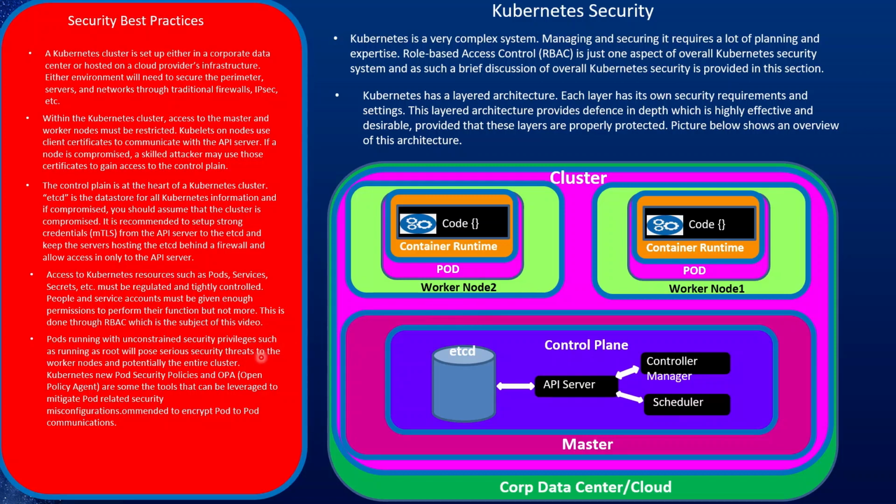There are some techniques that can be used, which are beyond the scope of this video, such as leveraging pod security policies, and also OPA, which stands for Open Policy Agent. These are more advanced topics.